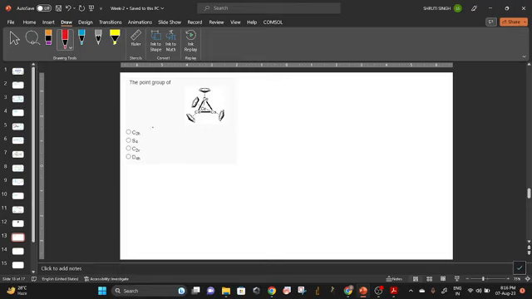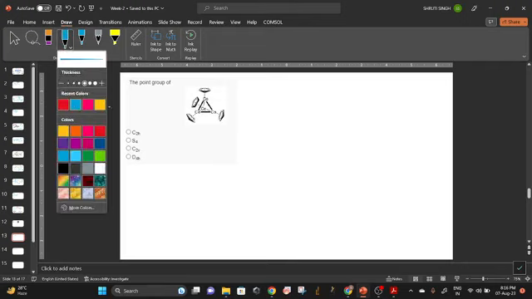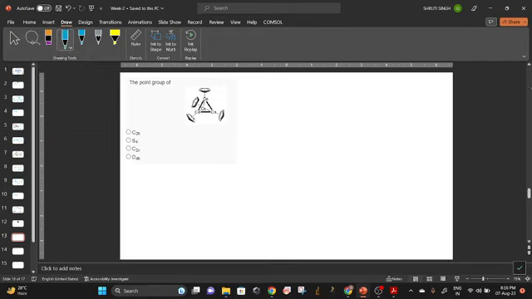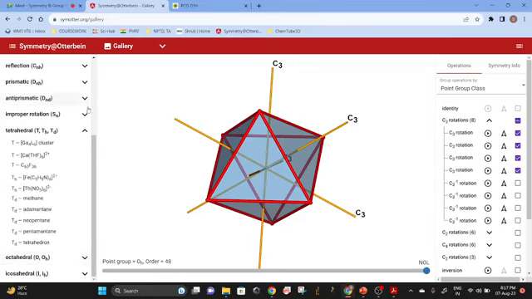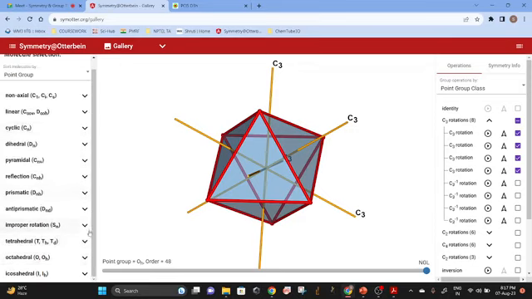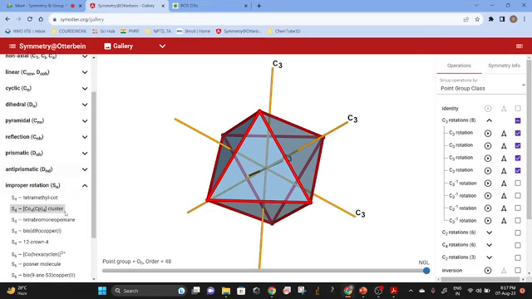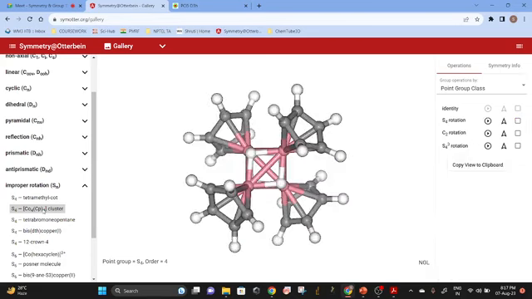Okay, let's see C2. Let me check whether there is any example of such a molecule. S4 actually is the answer given. Okay, the molecule is given here. So this is the molecule, right?